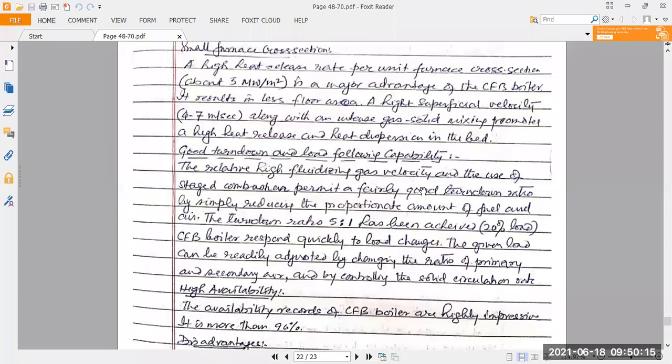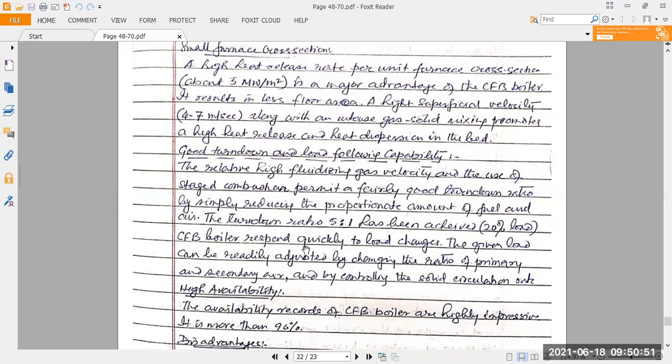So as the gas velocity is quite high and the staged conversion prepares a fairly good turn-down, the high fluidization and use of staged conversion permit a fairly good turn-down ratio by simply reducing the proportional amount of fuel and air.